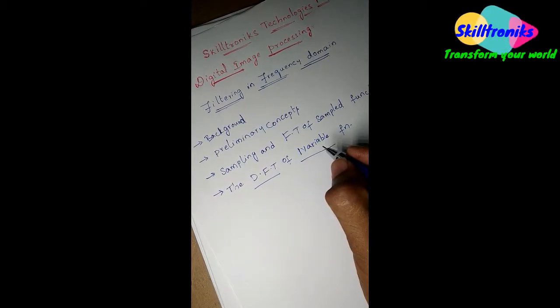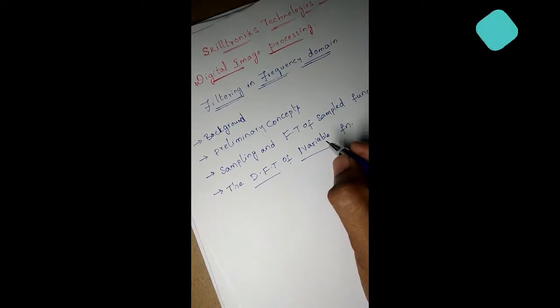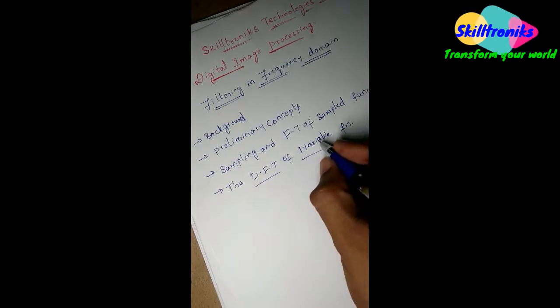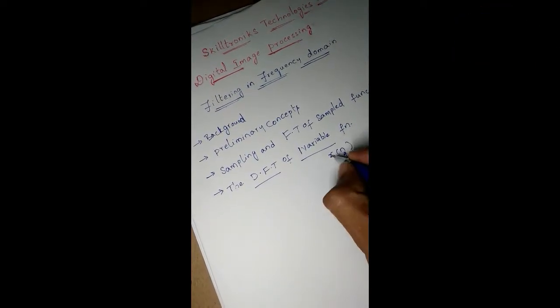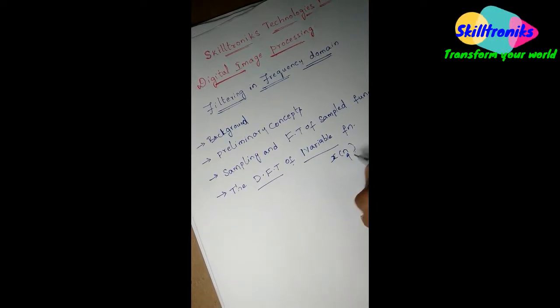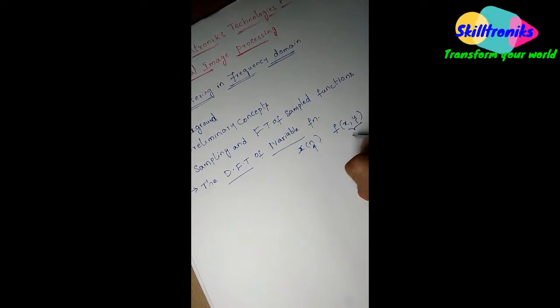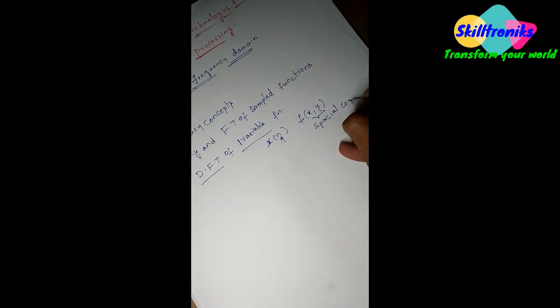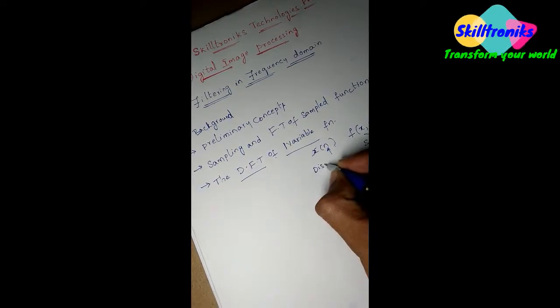The main difference between discrete time signals and digital images is that a discrete time signal is a one variable function, indicated in general with x of n, where n is the discrete time index, whereas we indicate a digital image with the notation f of x comma y, where x comma y are spatial coordinates.